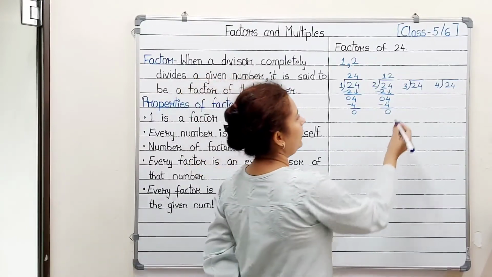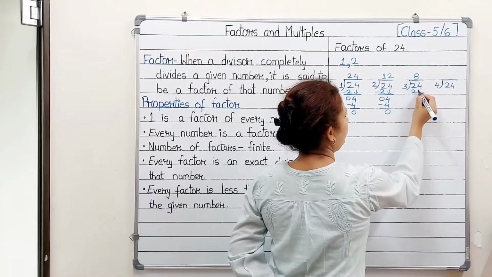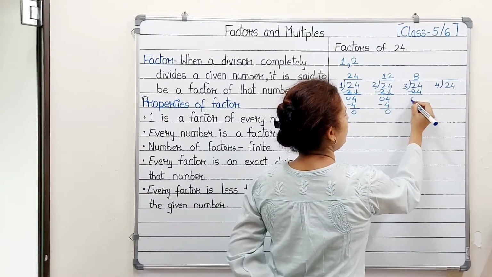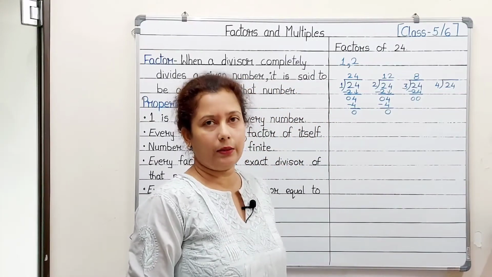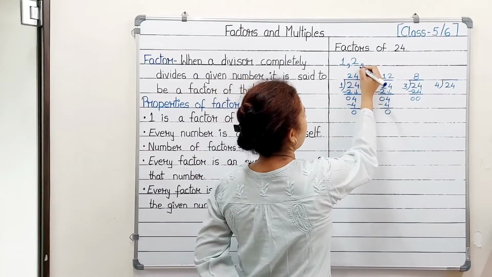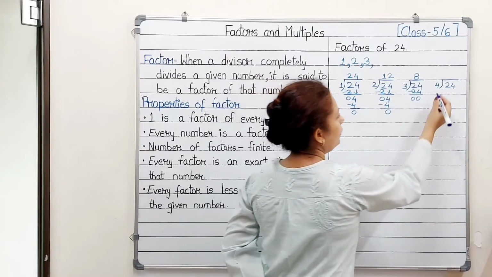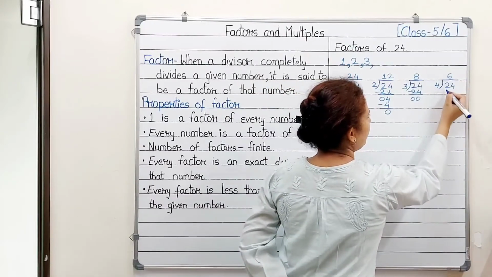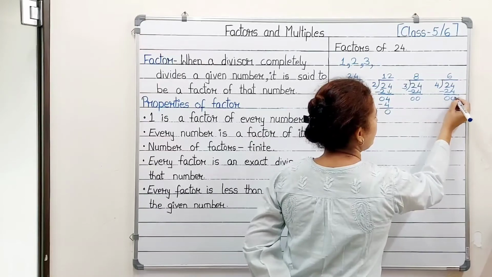Next is 3. So 3 into 8 is 24. So here the remainder is 0. 3 also divides 24 completely. So 3 is a factor of 24. 4. 4 into 6 is 24 with remainder 0.